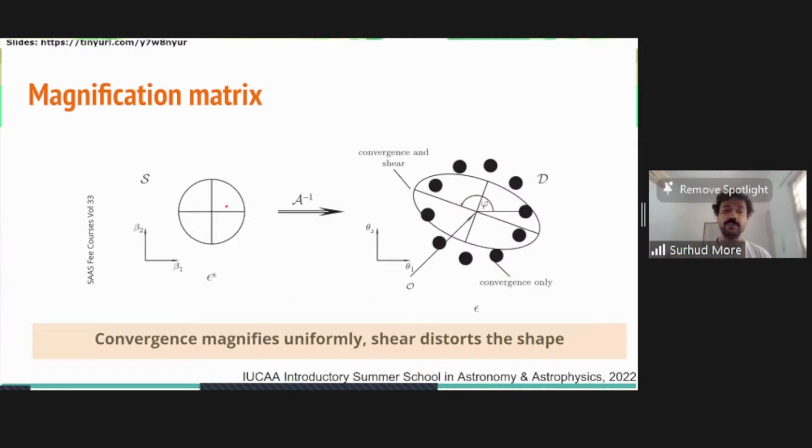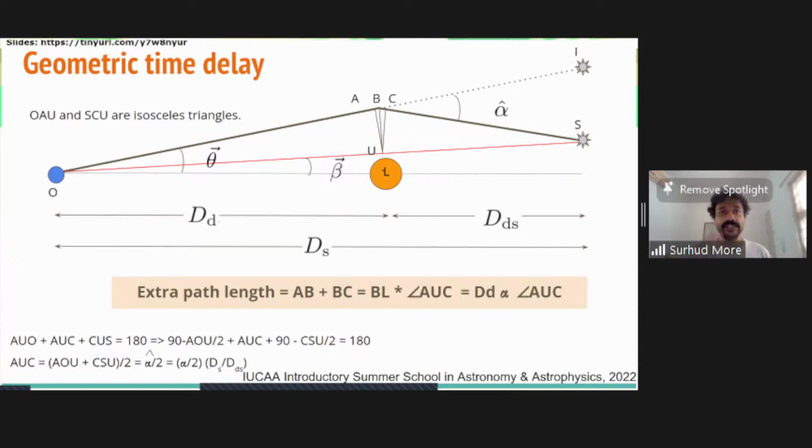If you consider bundles of light rays or photon bundles coming from this object, because of the convergence, the size of that photon bundle increases, and then because of the shear, the shape of that photon bundle also changes. Okay? So instead of remaining a circle, now it becomes an ellipse.